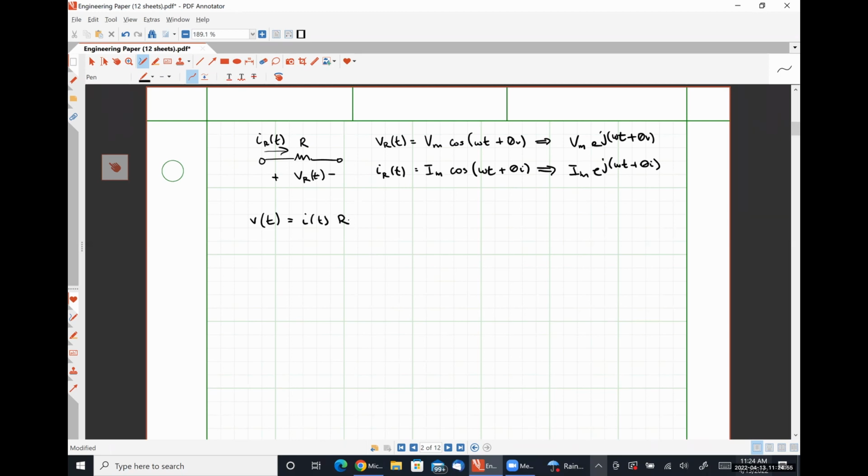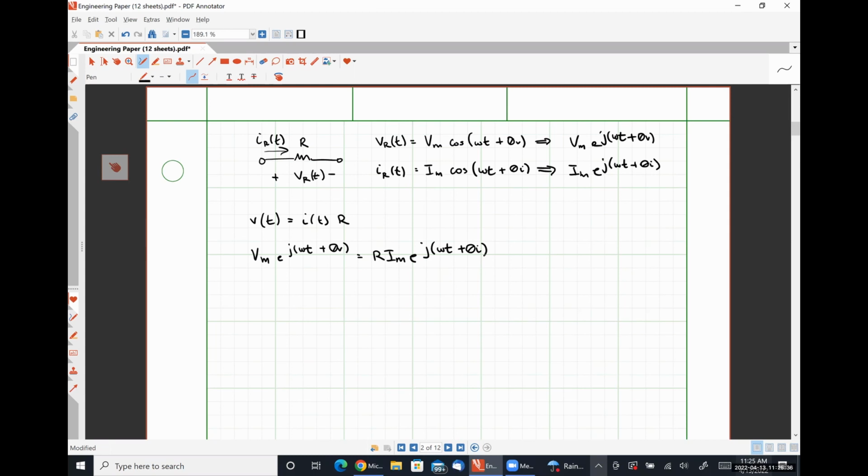So if I substitute in my mixed domain representation here, what this is going to give me is Vm e to the j omega t plus theta v is equal to R times Im e to the j omega t plus theta I. Are we okay with this?